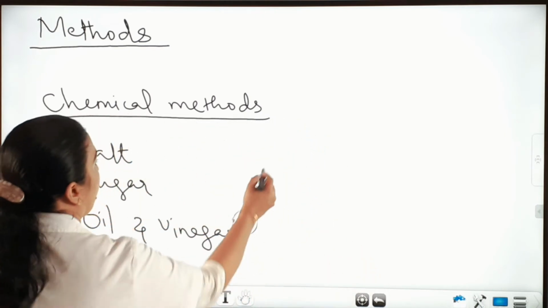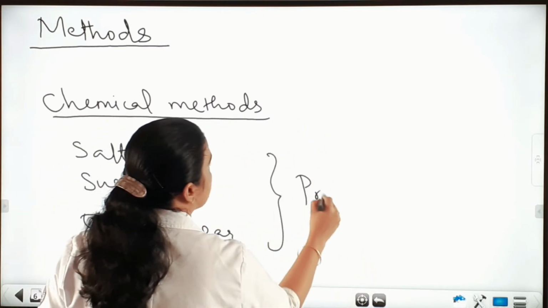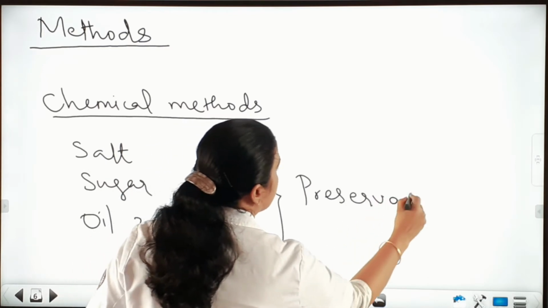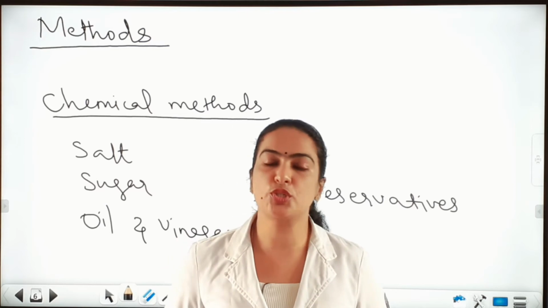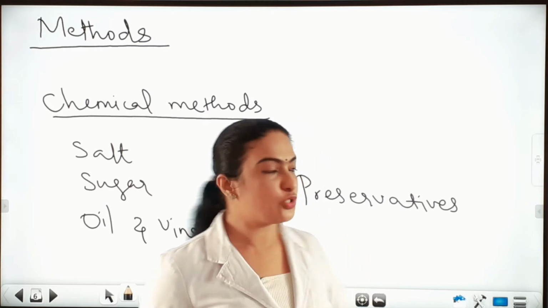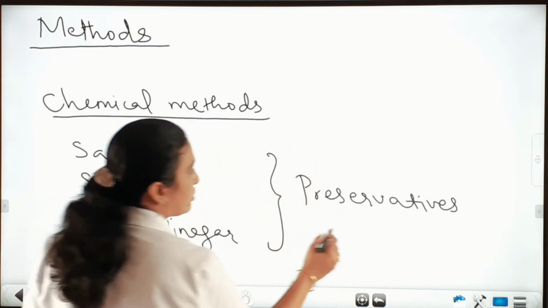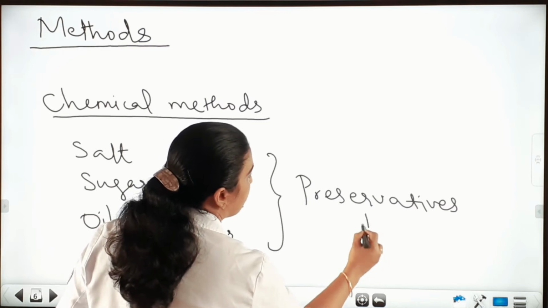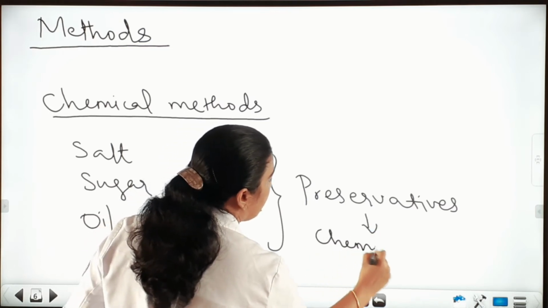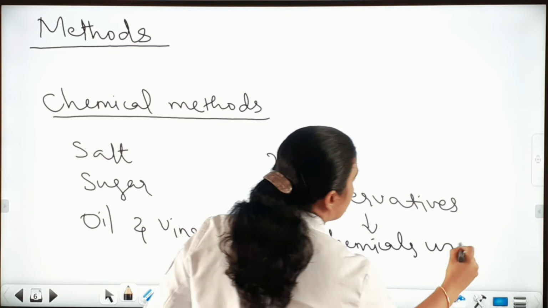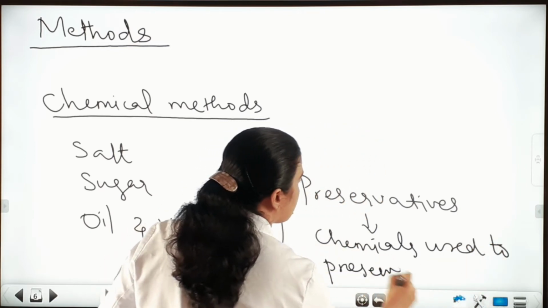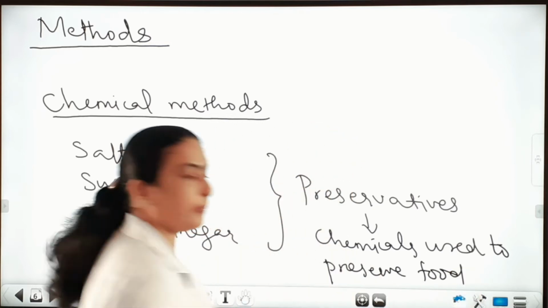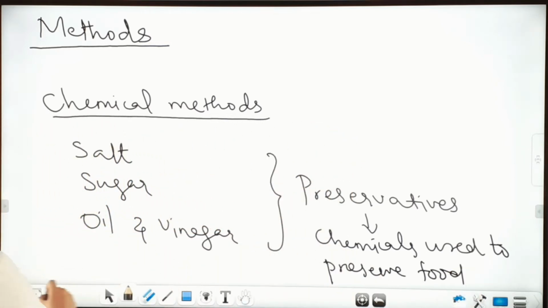So they are called preservatives. So what are preservatives? Preservatives are chemicals used to preserve food. Okay. And I will show you that.